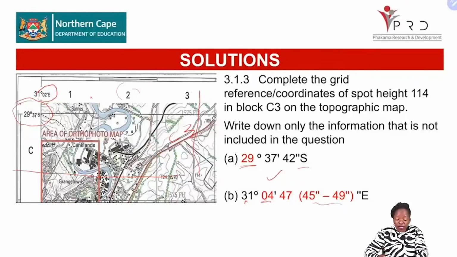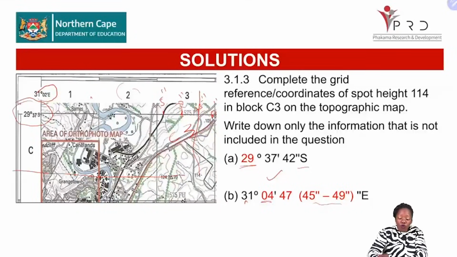Using the ruler, you divide the block in the center, and that will be your 30 seconds. Then measure another half, that will be your 15 seconds. Then you measure another half, that will be your 45 seconds. Then at the end of the block, that will be your 60 seconds. The same thing applies with the south direction as well. So we are looking for the seconds.